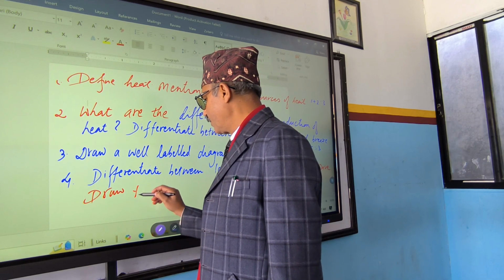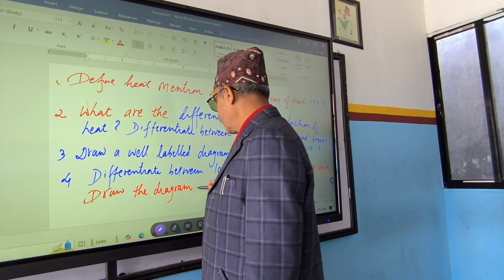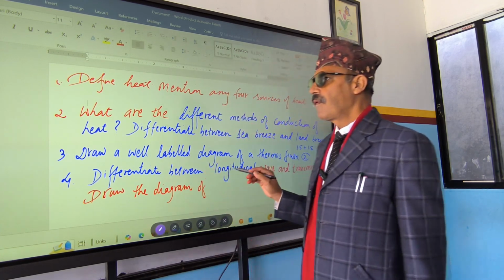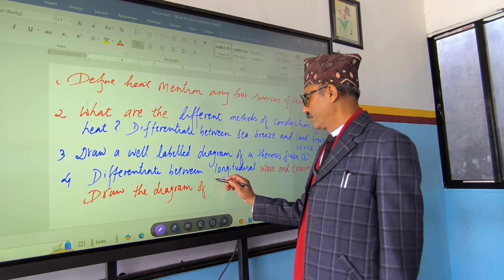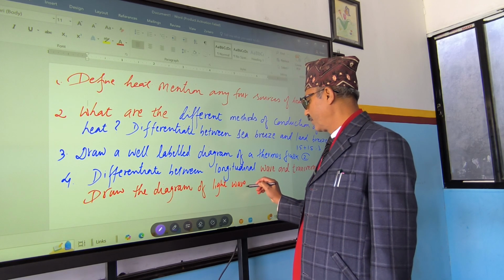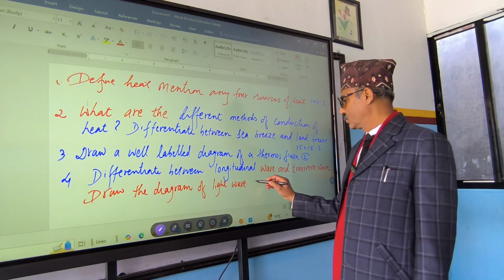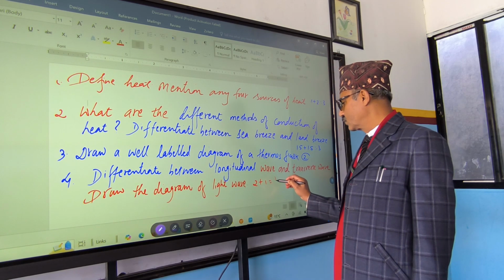Draw the diagram of light wave. So we have to identify what type of wave it is. So 2 plus 1 equals 3 marks.